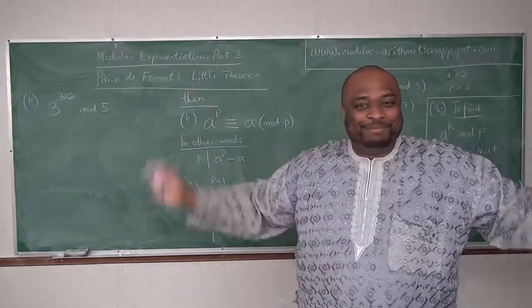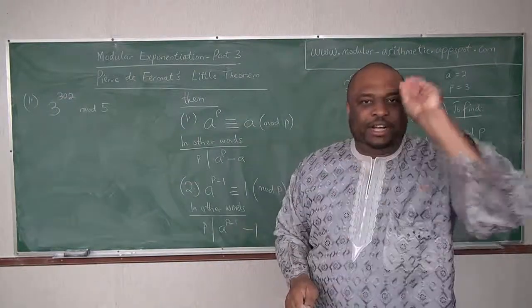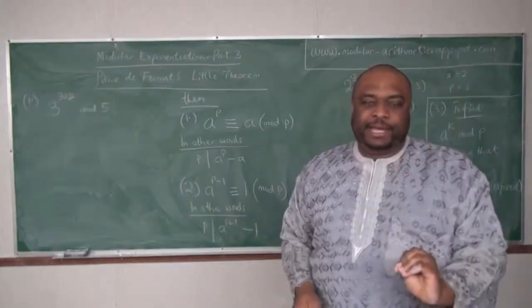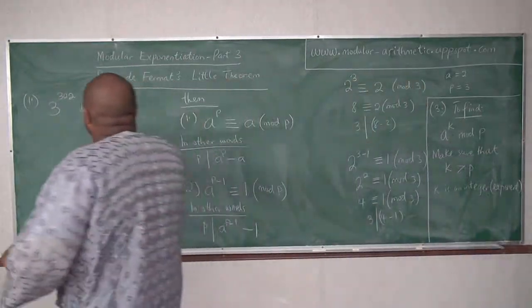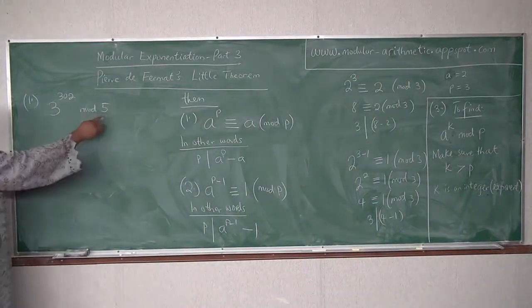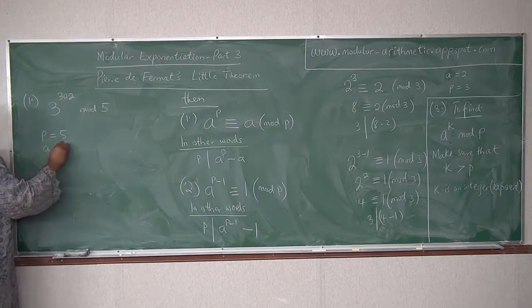That's a long number. So first of all, let's verify the conditions. We have to verify it. Here P is 5 and A is 3.